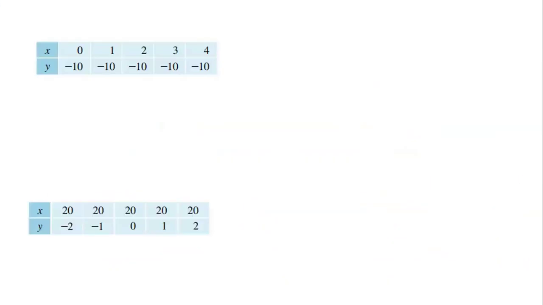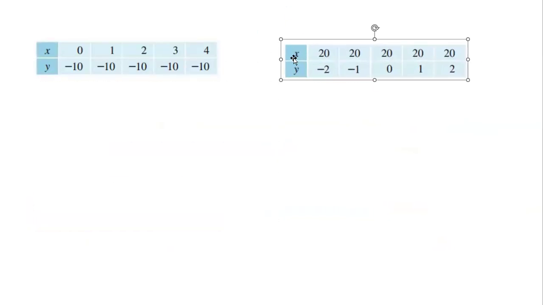All right, let's look at the next one. So based off of this information here, let me know what will be the equation for this table here, and then what will be the equation for this table here. So based off this table, we need to write an equation. Okay.